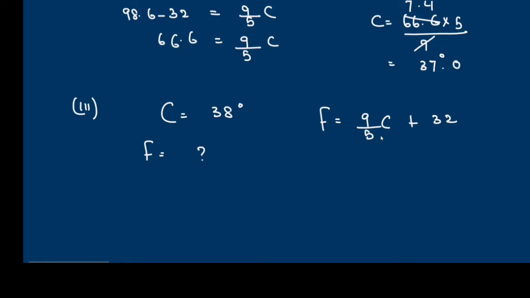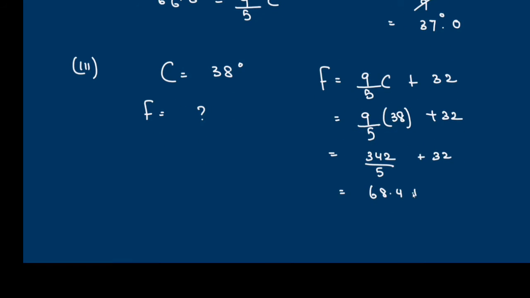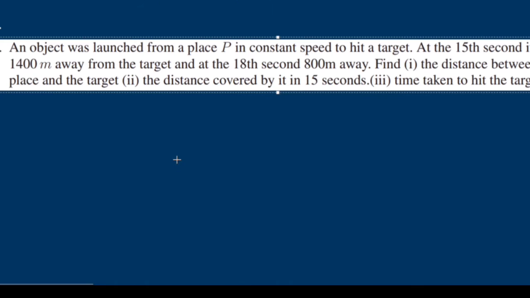So substitute for C: 9 by 5 times 38 plus 32. 68.4 plus 32 is 100.4. So F is equal to 100.4 degrees Fahrenheit.